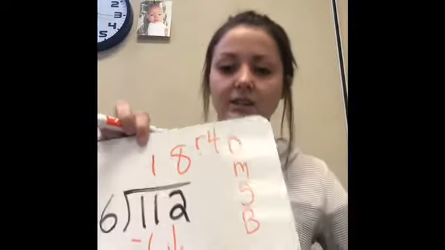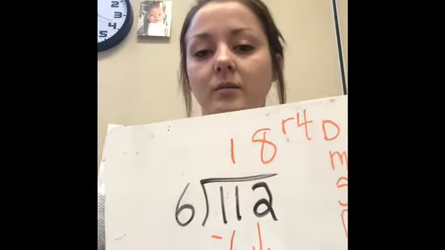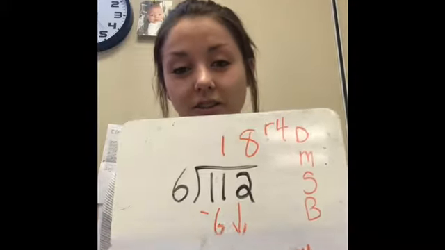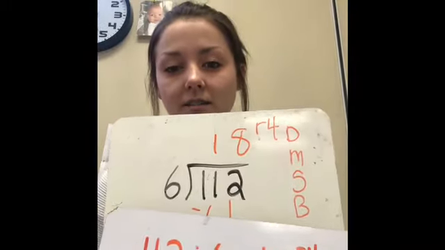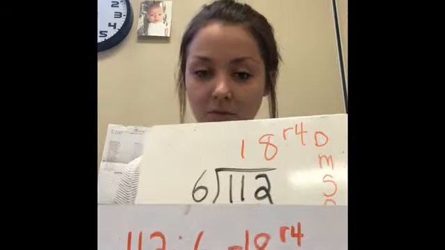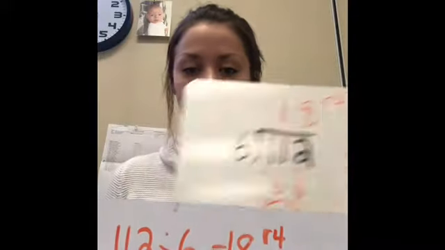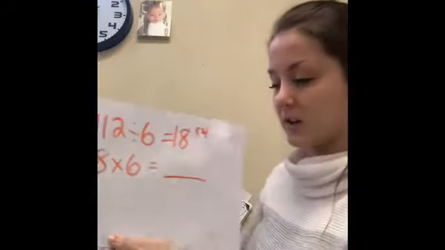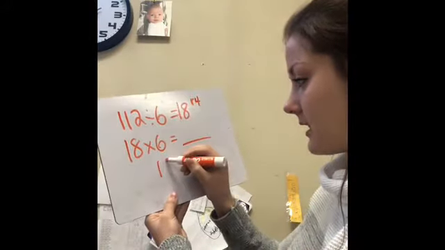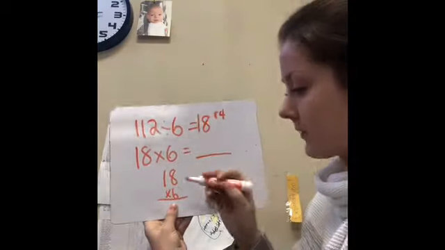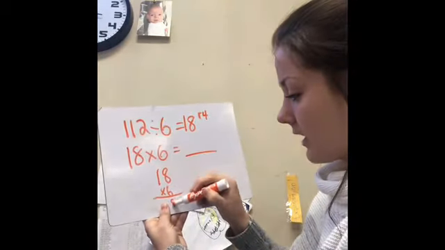Now remainder is a little bit trickier, but it's still the same idea. So now I'm going to use multiplication to prove that by showing first that 112 divided by 6 was 18 with 4 left over. So now I'm going to multiply 18 by 6. Well, I probably don't know that off the top of my head, so I will go 18 times 6. 6 times 8 is 48.